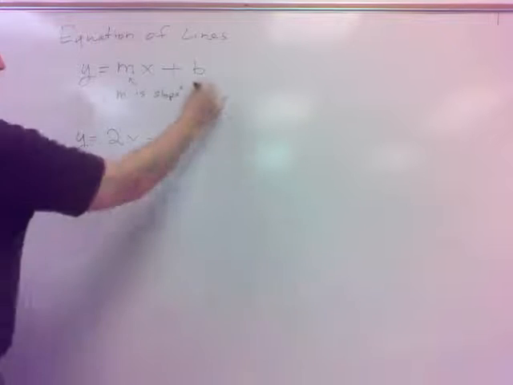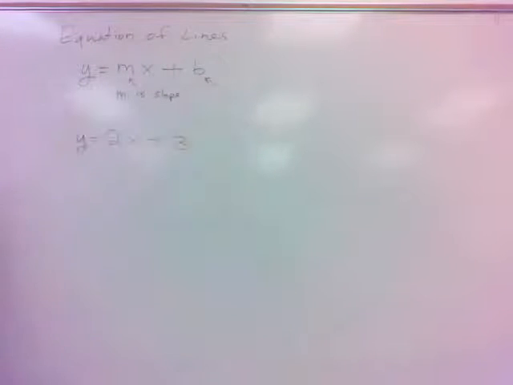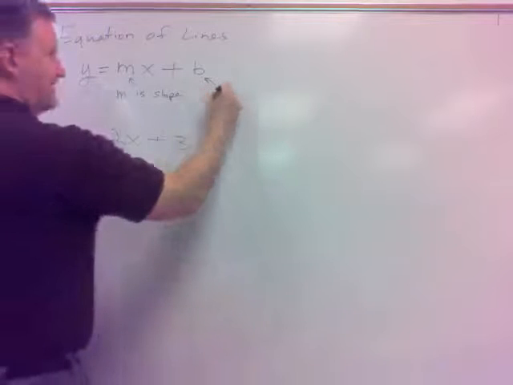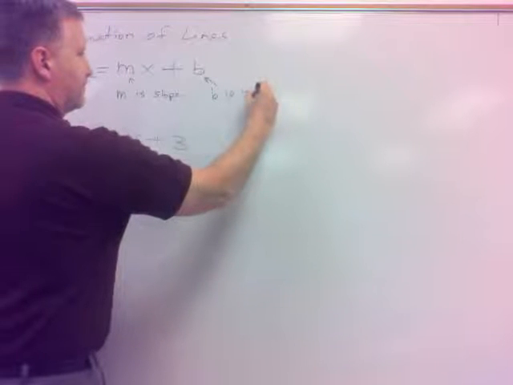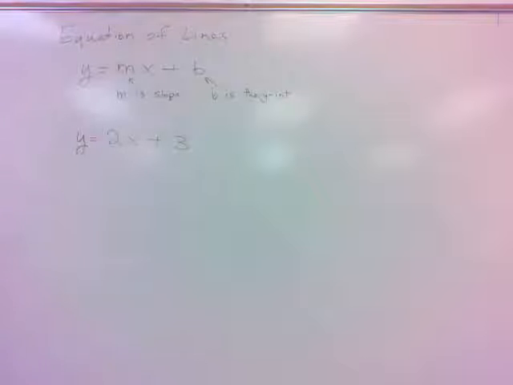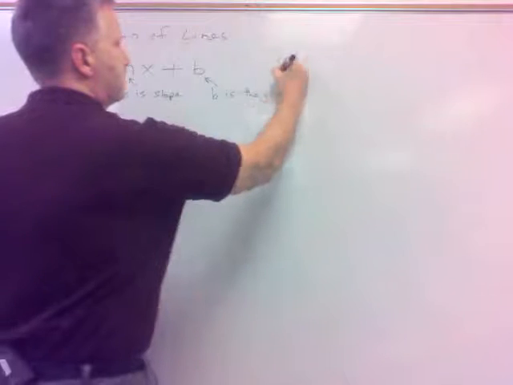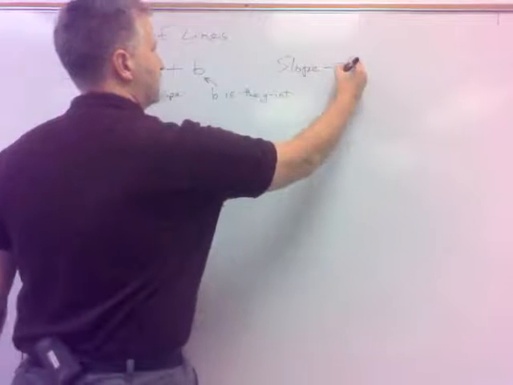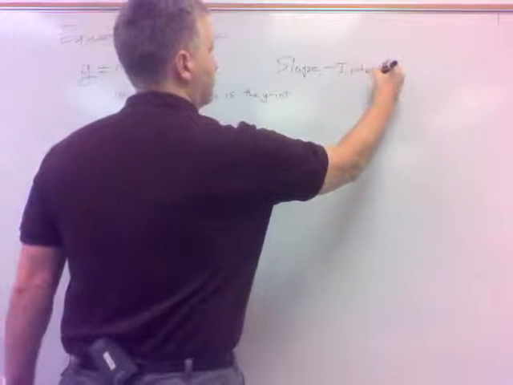And then the b, of course, x and y are the variables. What's b? The y-intercept. So for that reason, this form of the line is called the slope-intercept form of the line.